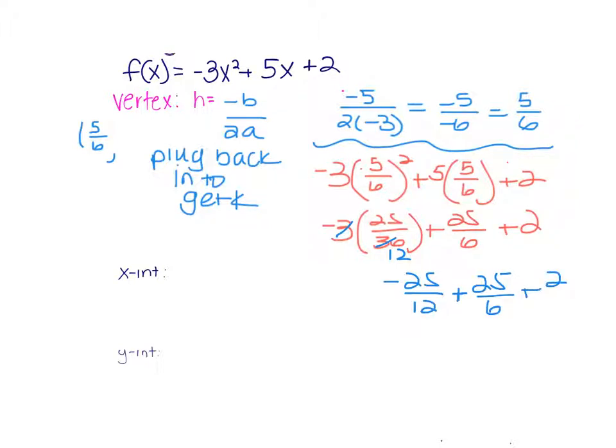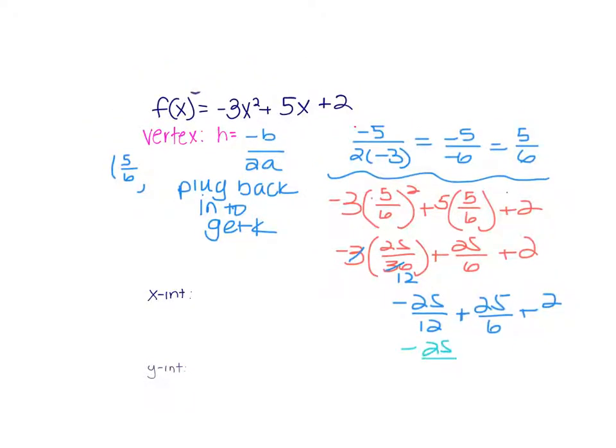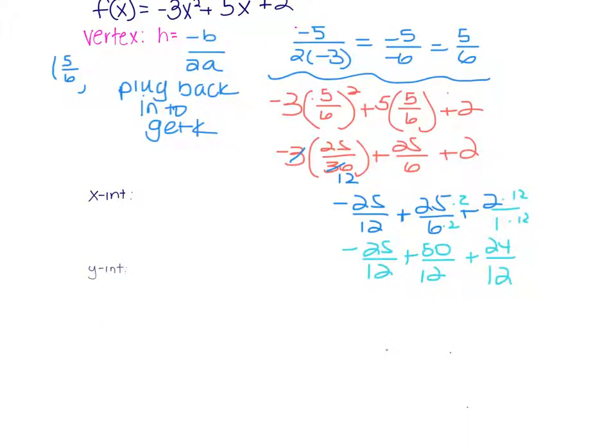I need them all to have the same denominator. So this becomes negative 25 over 12, plus 50 over 12, plus 24 over 12. And then negative 25 plus 50 is 25, and 25 plus 24 is 49 over 12.